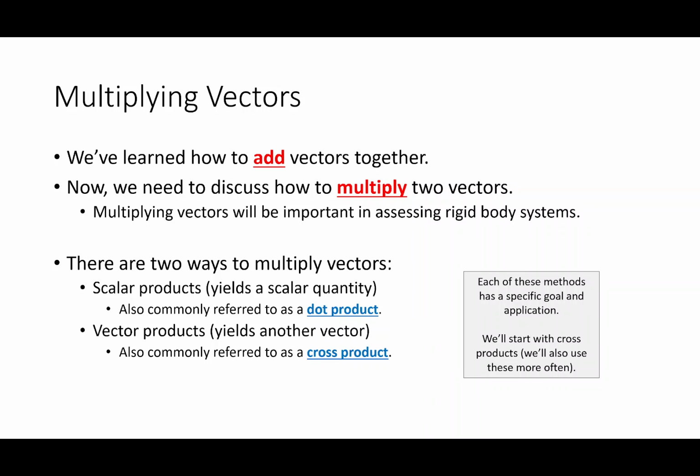So A dot B yields a number, whereas A cross B yields a vector, okay? So we have scalar products and vector products, but we more commonly refer to them as dot products and cross products, okay? For those of you that have had experience with dot products and cross products, you'll recognize that dot products are easier. Unfortunately, at least in our world, they're not as useful. Cross products are much more useful, okay?